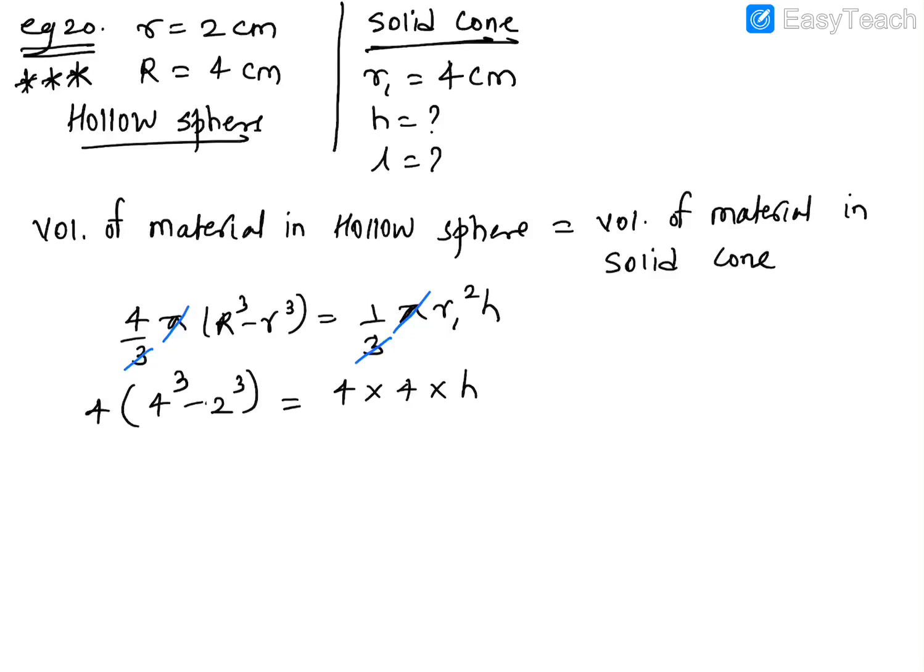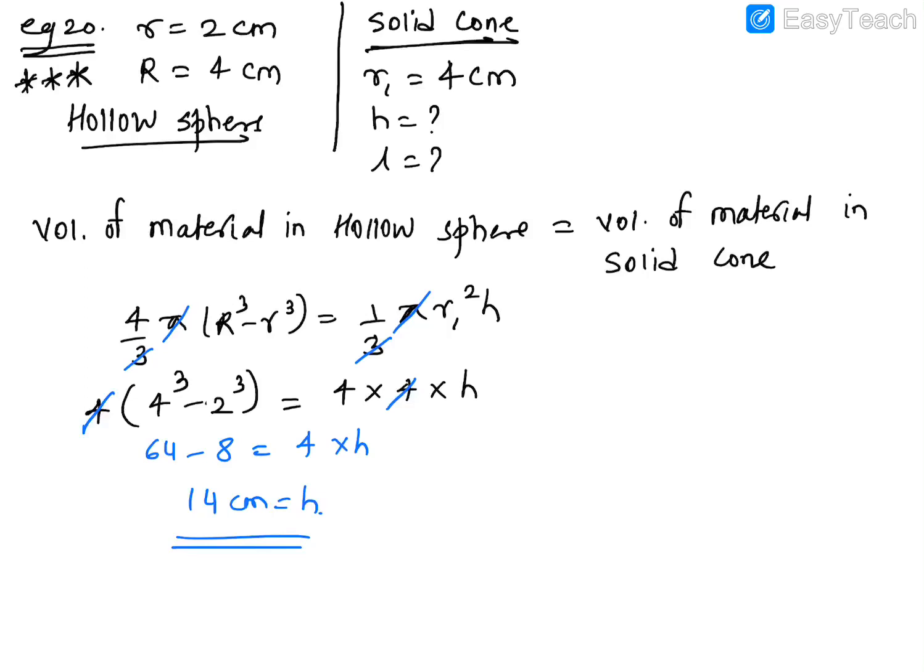Now we can cancel 4 and 4. Now what is 4 cube? 64. 2 cube is 8, is equal to 4 into h. What is 64 minus 8? 56. 56 by 4 is 14. So 14 centimeter is equal to the height.